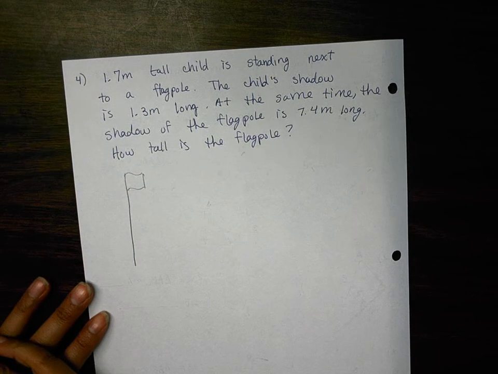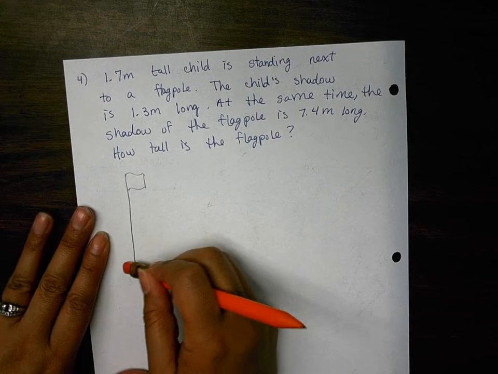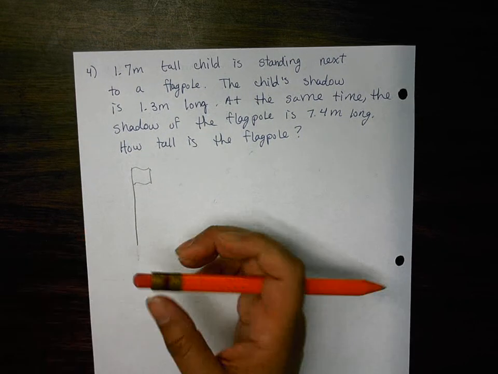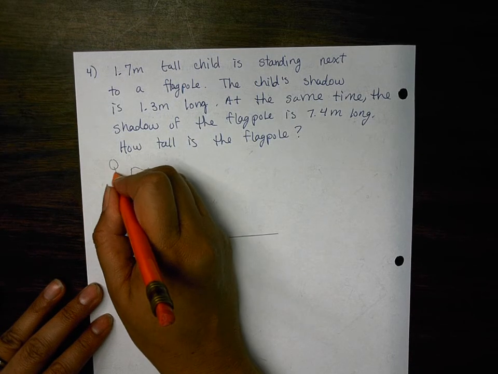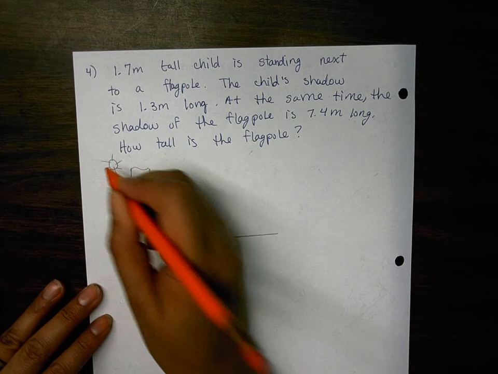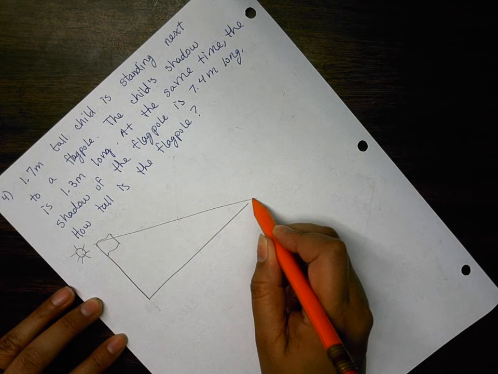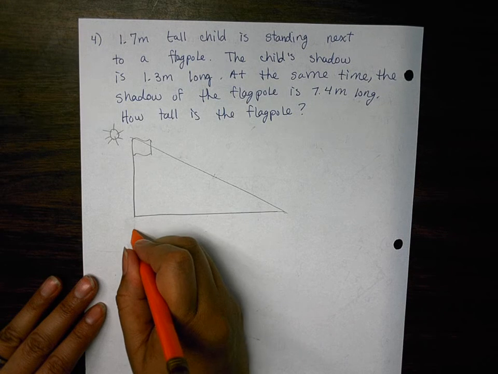Okay, we're going to draw our picture. Here's our flagpole. That's a big flagpole. I'm just gonna do it. All right, so here's the shadow of the flagpole.